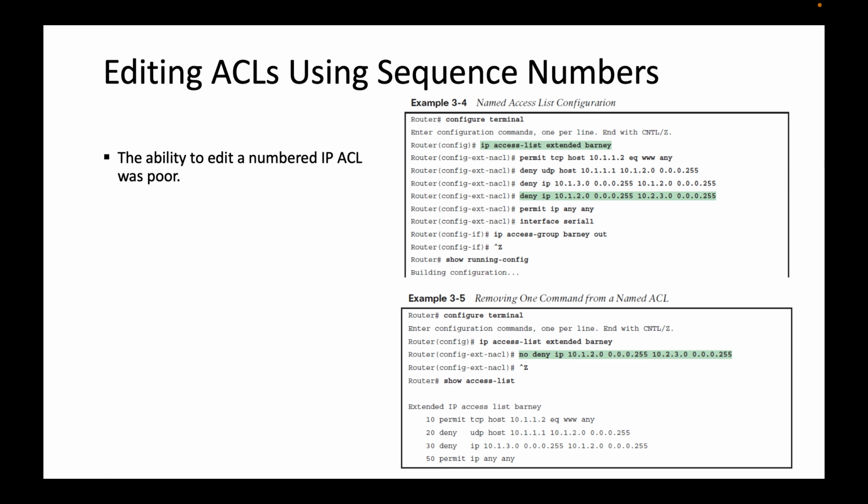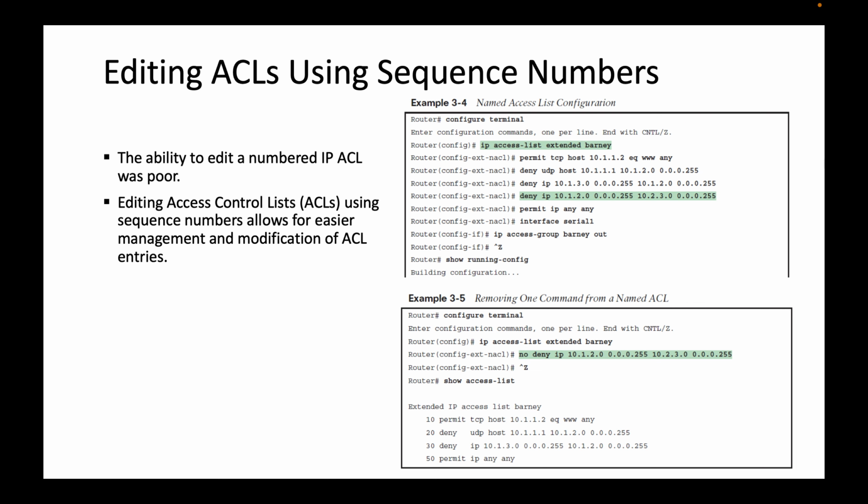For example, to simply delete a line from the ACL, the user had to delete the entire ACL and then reconfigure it. But here, you can use sequence numbers that allow for easier management and modification of ACL entries without needing to recreate the entire list. The ACL editing feature uses ACL sequence numbers actually.